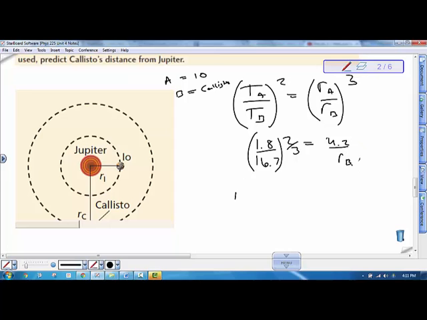So you get the average distance that Callisto is away from Jupiter, r sub b, is equal to 4.2 over this quantity, whatever this number is, which we can find in our calculator pretty easily. I would enter this into the calculator. If you have trouble with that, we'll work on that in class. That's just a math problem. And you end up getting 18.5 units, or 18.5 times whatever the diameter of Jupiter is. All right.